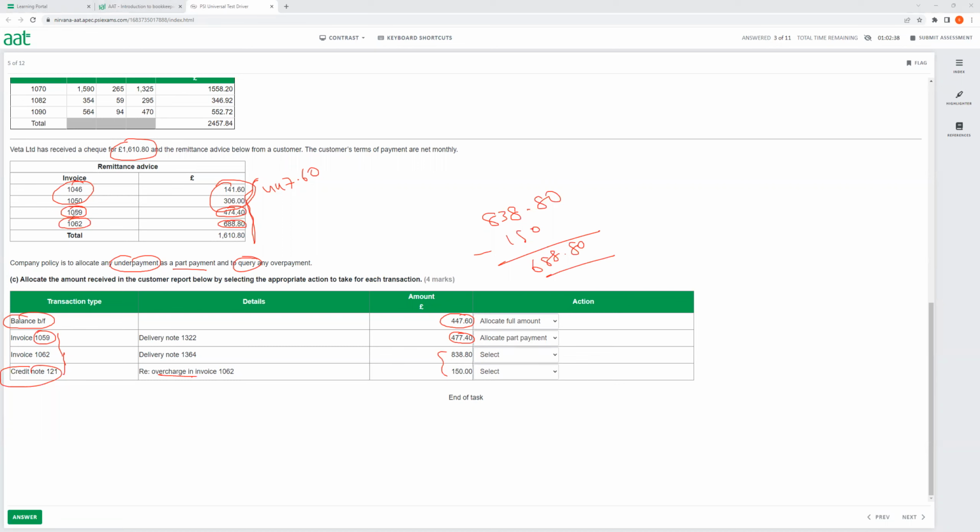So that means this payment is for invoice 1060, because we have to always minus the credit note, always be careful with that. So we can say this is also completely allocated, full allocate. So we can fully allocate all of this.